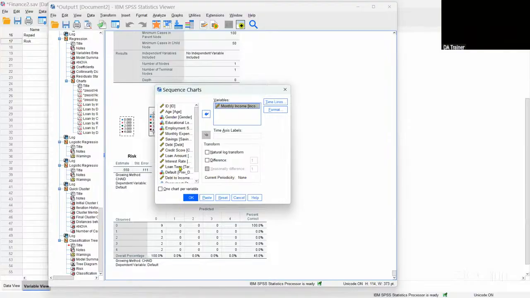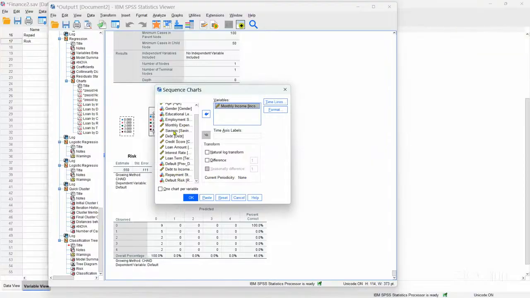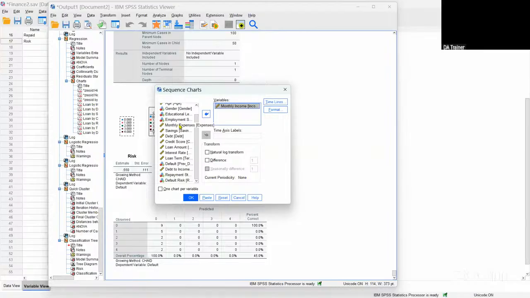I don't think we have time information in this data. I don't think we have any dates information. Okay. Let's look at loan term. Let's just put loan term here.